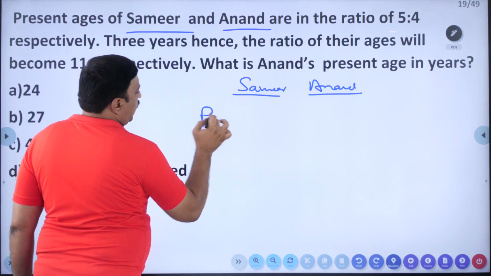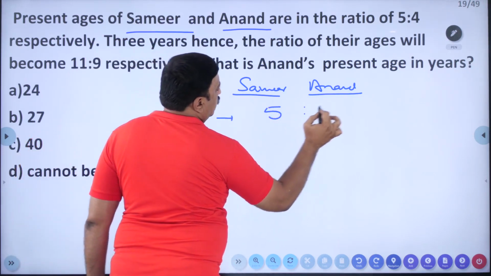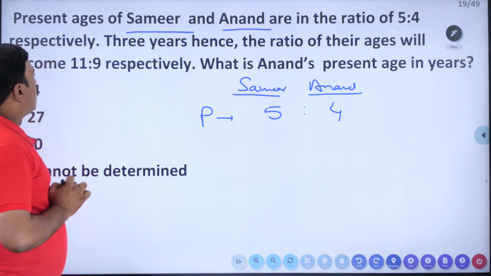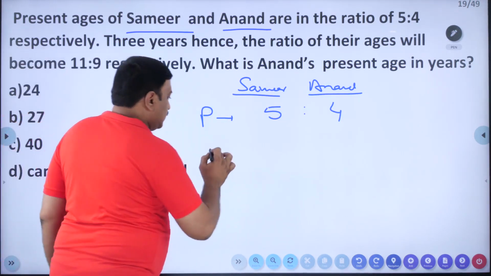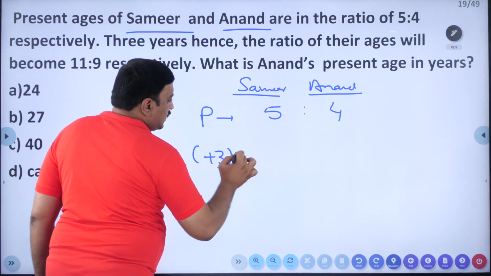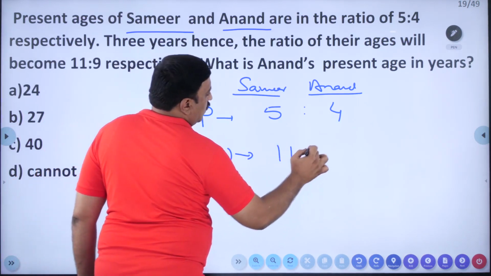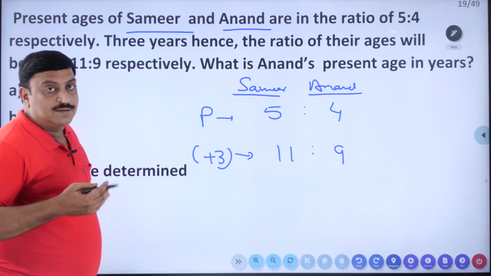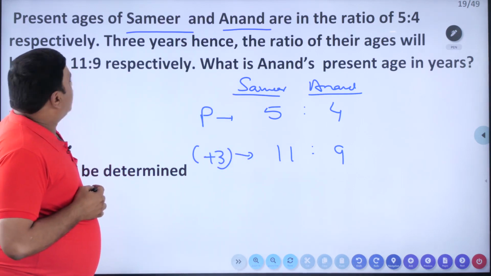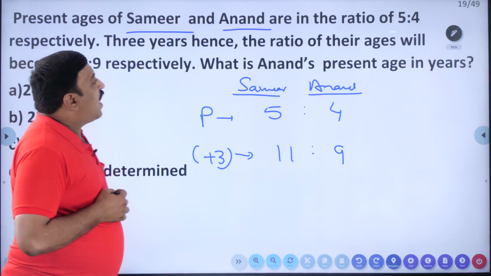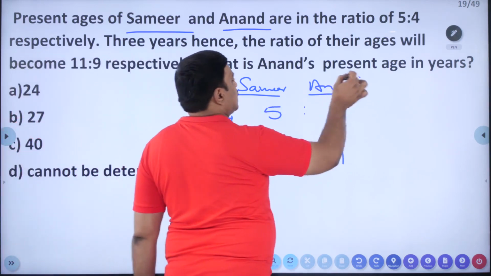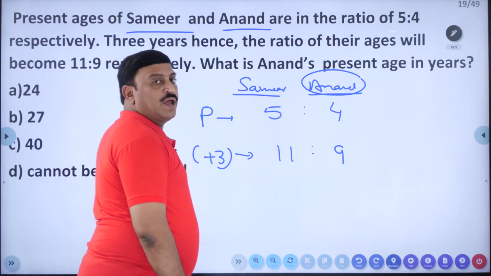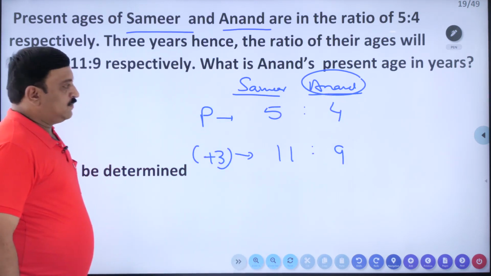Yes, present, that is 5:4. 3 years hence, the ratio of the ages will become 11:9. What is Anand's present age? Anand's present age, right?